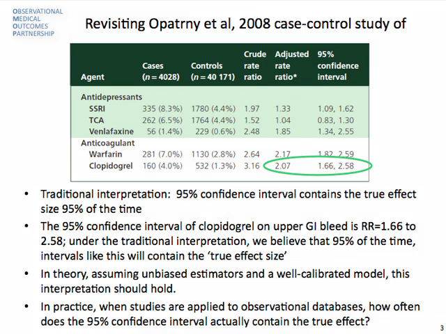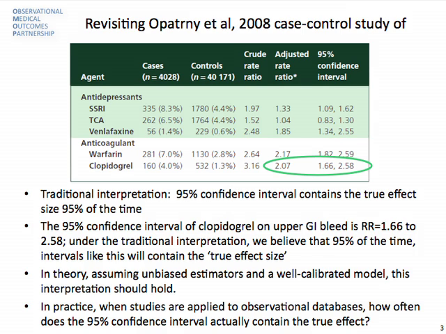The paper we've been discussing throughout, clopidogrel and GI bleeding, gave us a relative risk of 2.07 and a confidence interval of 1.66 to 2.58.